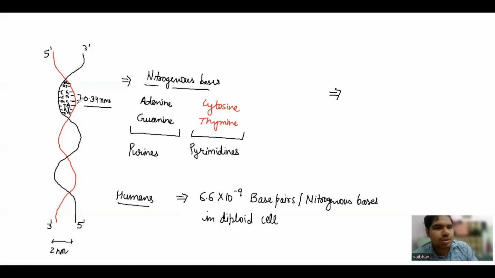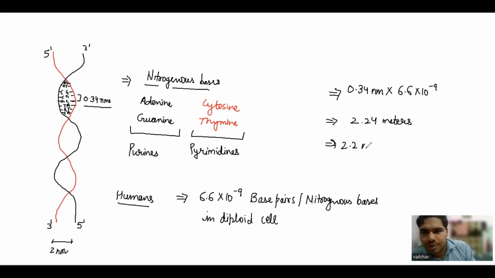We know the distance between each and every nitrogenous base. It is 0.34 nanometer. If we multiply 0.34 nanometers, which is the fixed distance between two nitrogenous bases, with the number of bases in humans, it comes to 2.24 meters, which is approximately 2.2 meters.